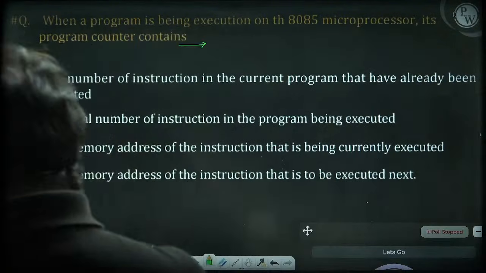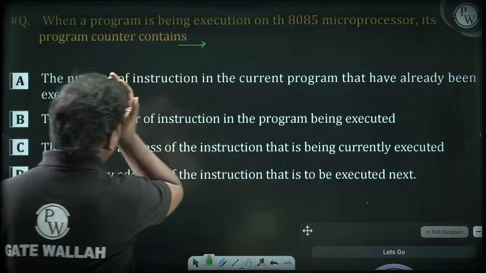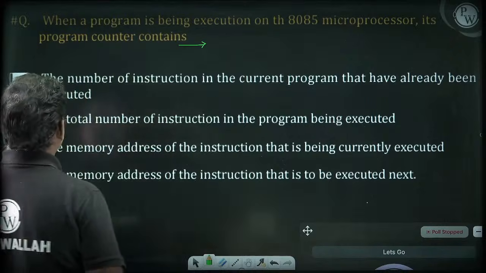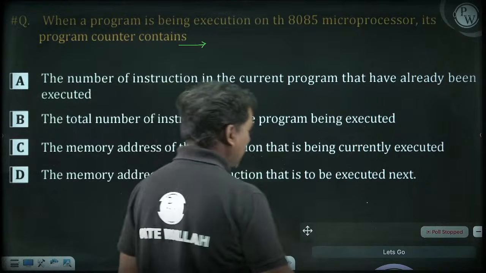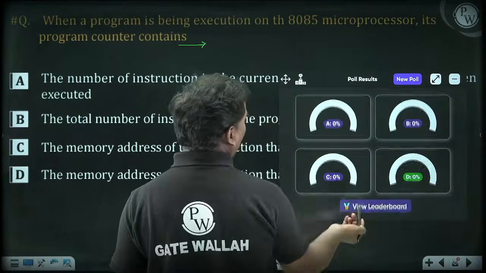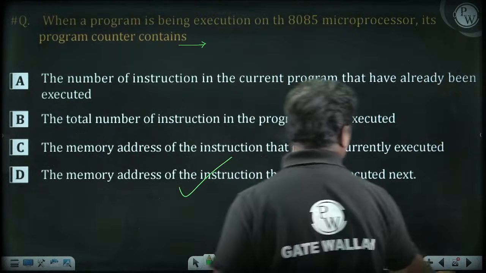Chalo. Its program counter contains the number of instructions? No. The memory address of the instruction that is to be executed next. So option D. You got this wrong also, nobody is coming on the leaderboard. Let us go for the next question.